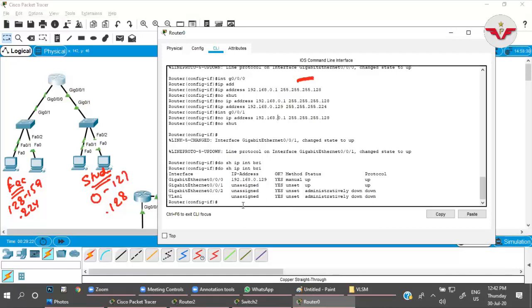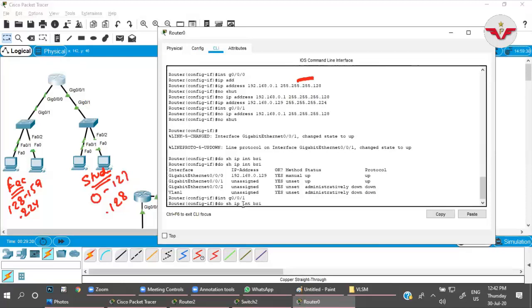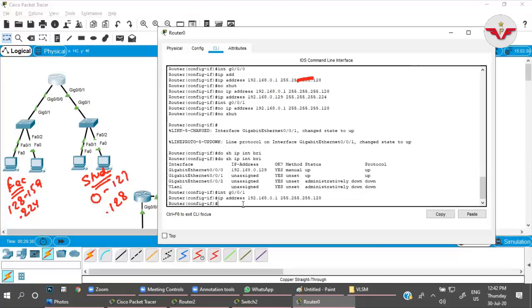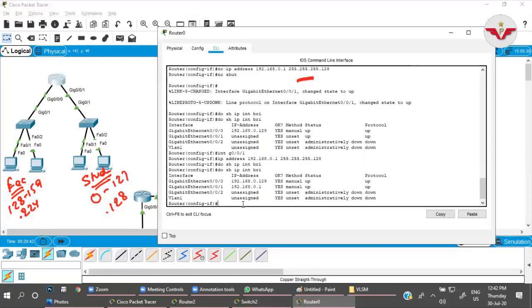Okay, I already have given the IP address. Let me try once again. Interface 0/0/1. Okay, a no was added in between. That is why. So let me remove the no here. Yes. Now check do show ip int brief.